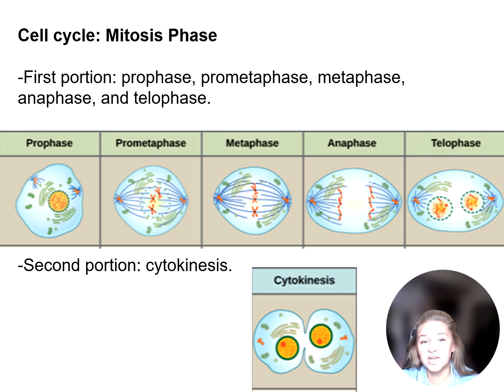So the first portion is prophase, prometaphase, metaphase, anaphase, telophase. The second portion is the cytokinesis, where the cell actually separates and has 2 new cell membranes, and now we have 2 new cells.